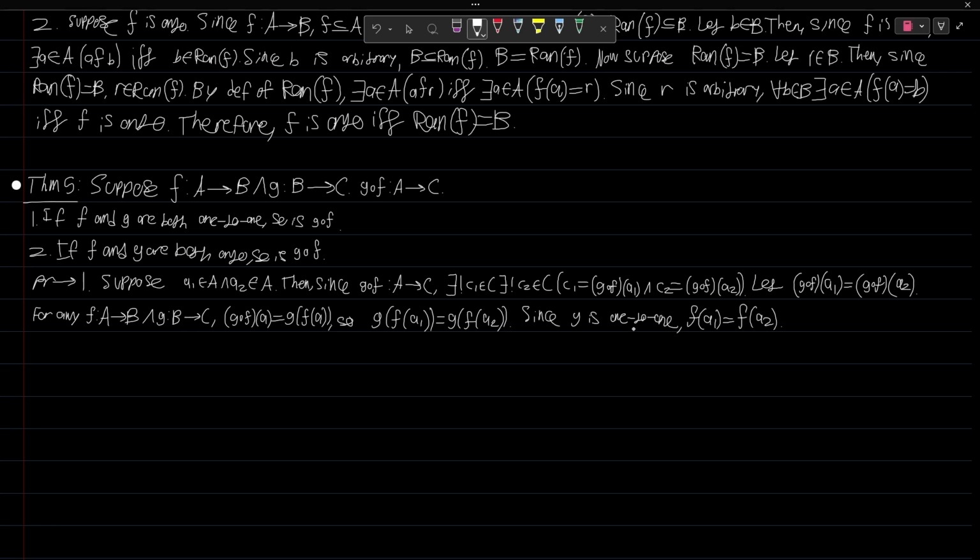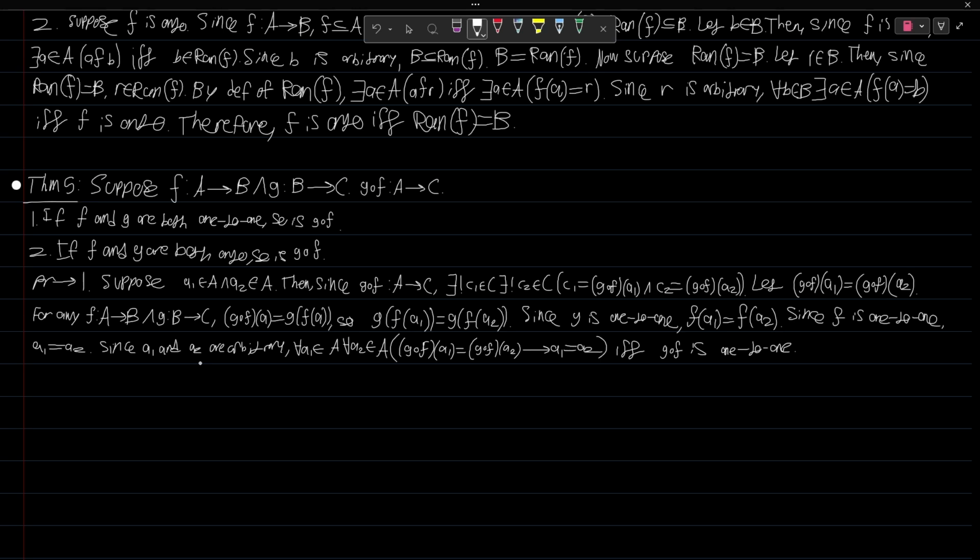Since g is 1 to 1, by the positive definition of 1 to 1, f of a1 is equal to f of a2 from this. And since f is 1 to 1, by the positive definition of 1 to 1 again, we get that a1 is equal to a2. And since a1 and a2 are arbitrary elements of A, this works for all pairs of elements in A, which means that g after f is 1 to 1.